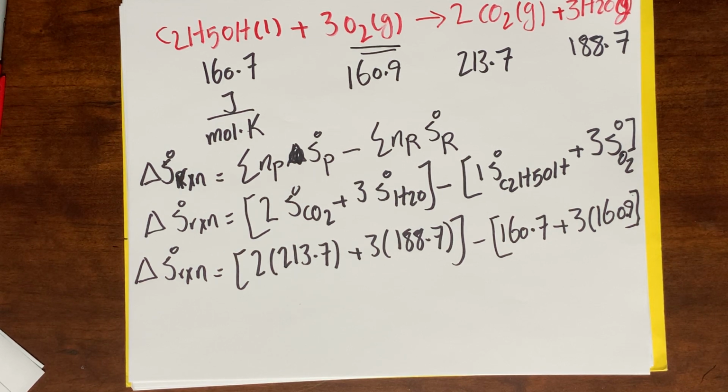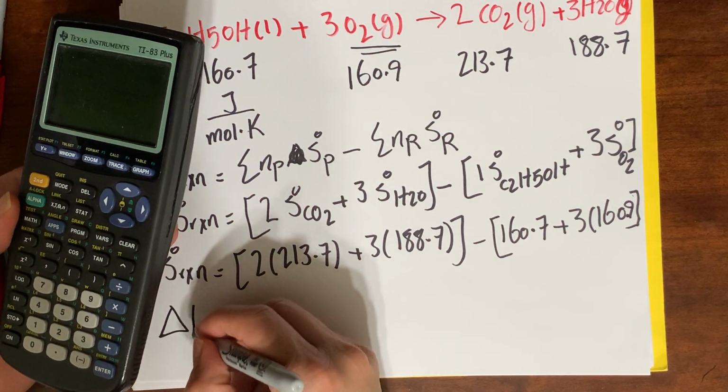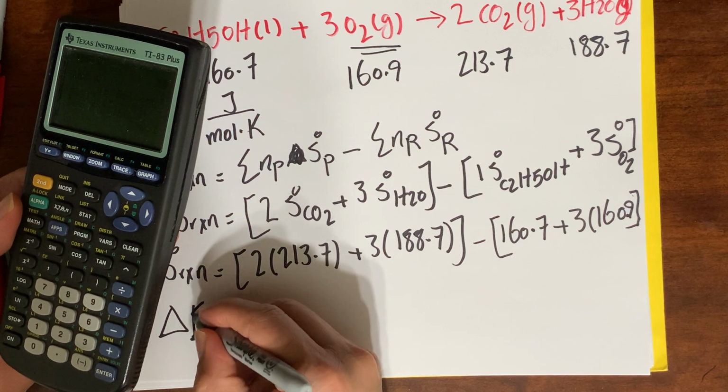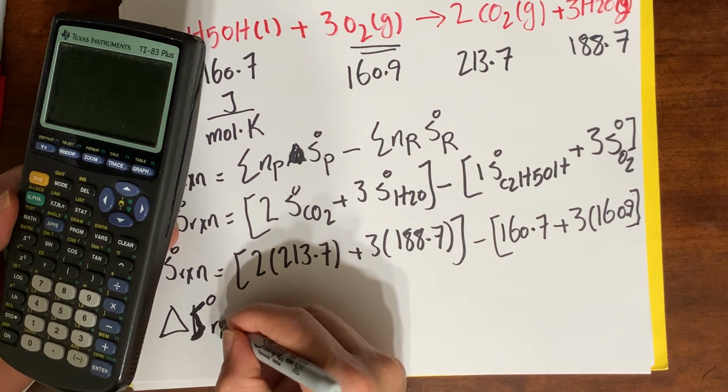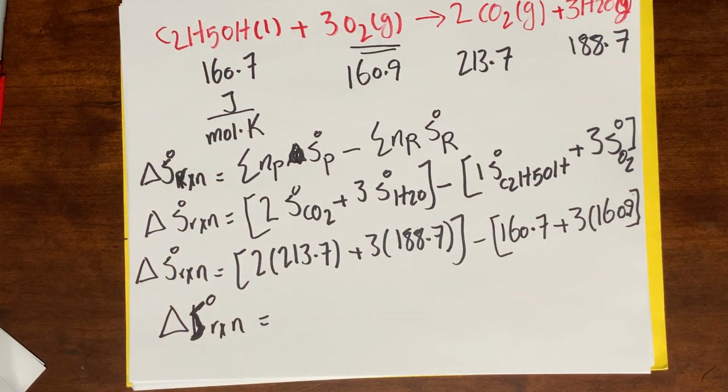I got 350.1. Delta S of the reaction is equal to 350.1. Let's double check it.